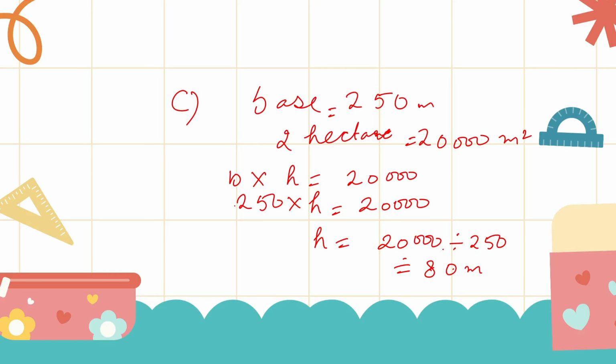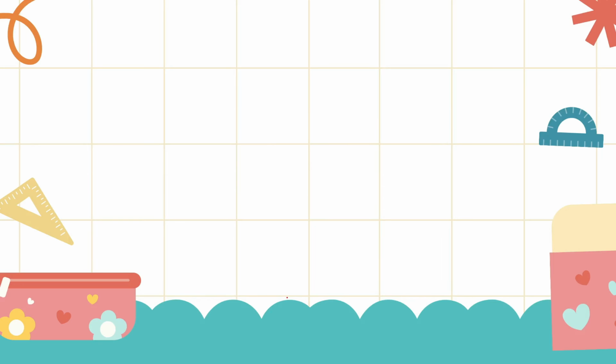I hope you all understand the area of parallelogram and area of triangle properly, and you can find similar sums from any statement. You can find their values, and you can find the missing values also.